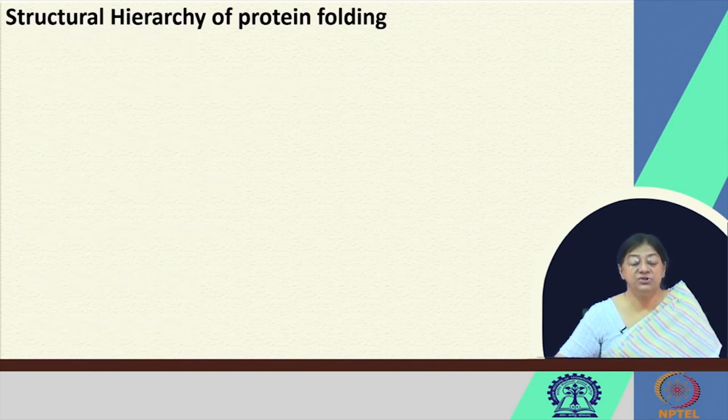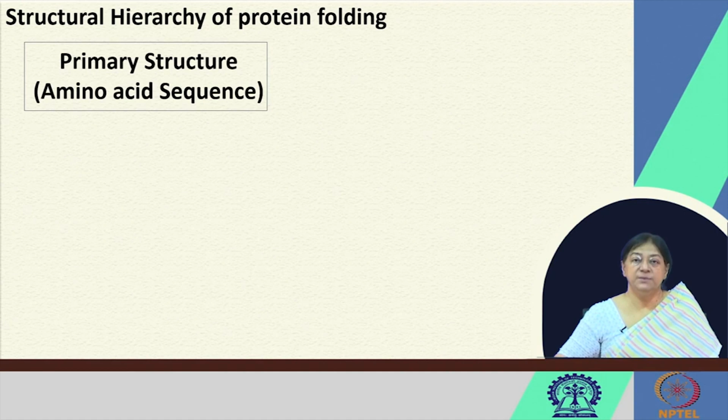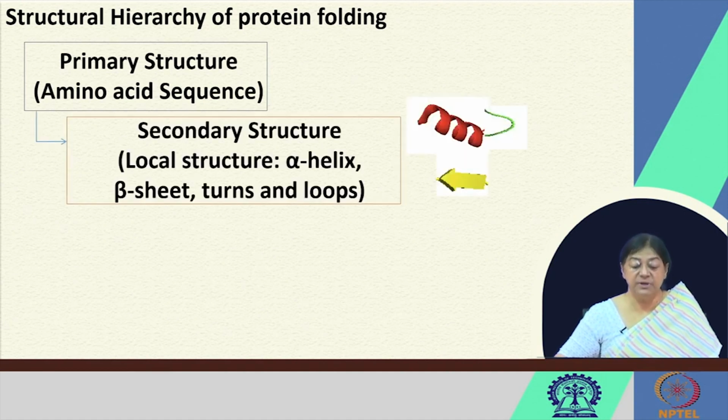If we look at the structural hierarchy of protein folding, which we had discussed in the previous module, we see that there is the primary structure that comprises the amino acid sequence, followed by the secondary structural elements, where we have the alpha helix, the beta sheet, and also the turns and the loops that link the secondary structural elements together. We will be looking in a bit more detail at these structural units, or what are called super secondary structures or motifs and domains.